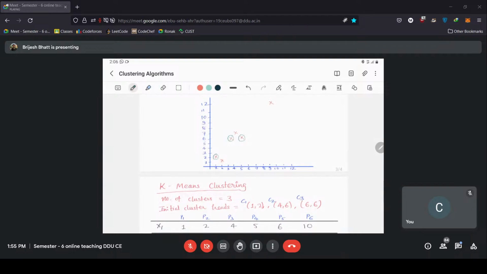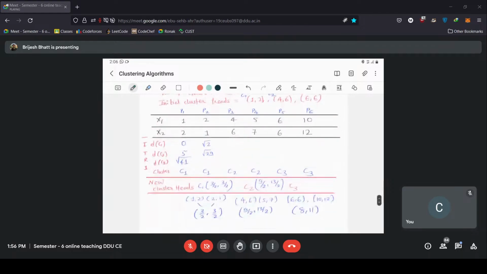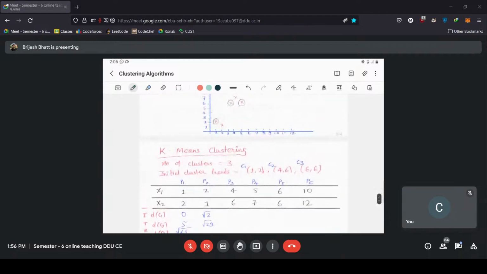This green circle shows the initial cluster heads on which we ran the first iteration of the algorithm. After the first iteration, the new cluster head is (1.5, 1.5). That is, cluster 1 has moved between these 2 points. See, it is moving towards the mean of that group, trying to keep equal distance from both points.